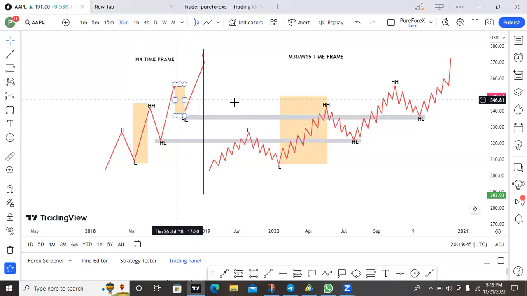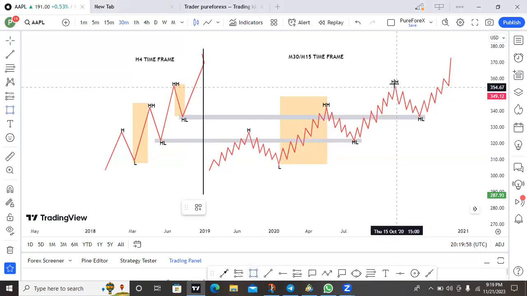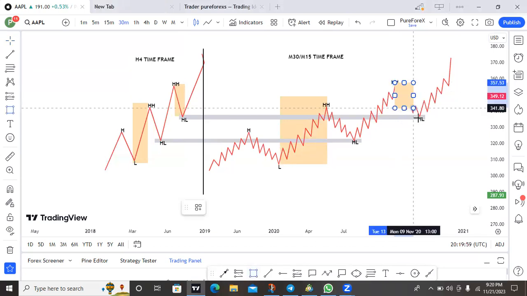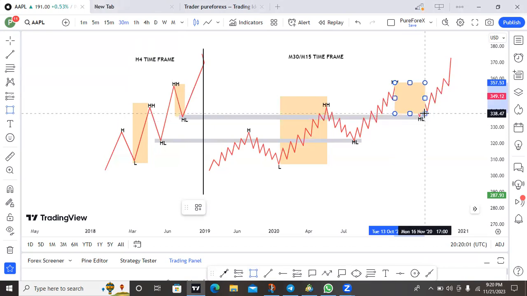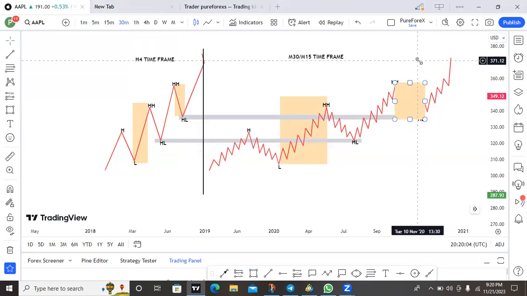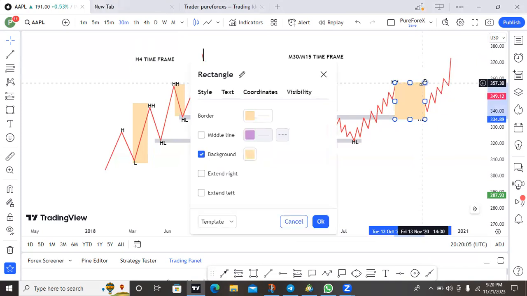So this retracement on the lower time frame, this particular one, is the retracement here.